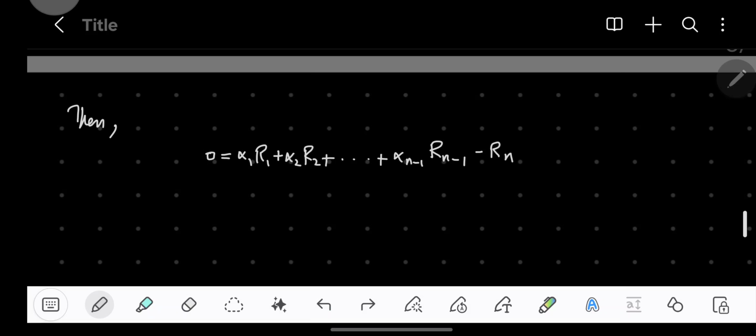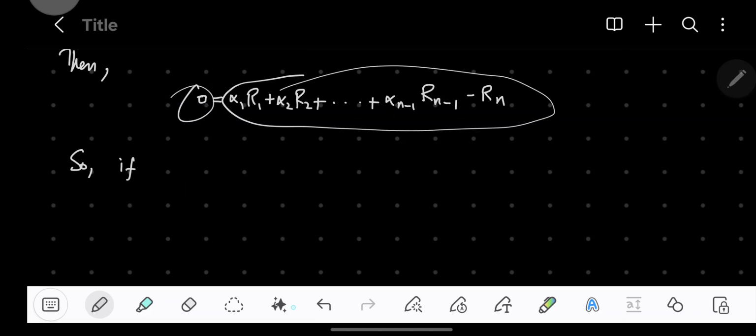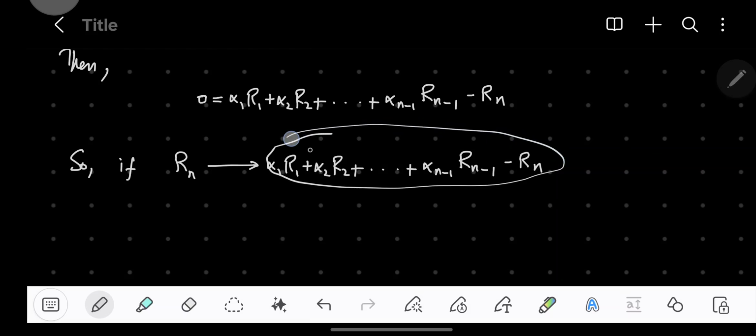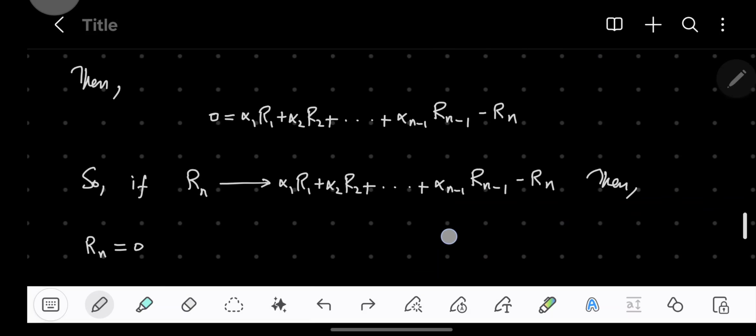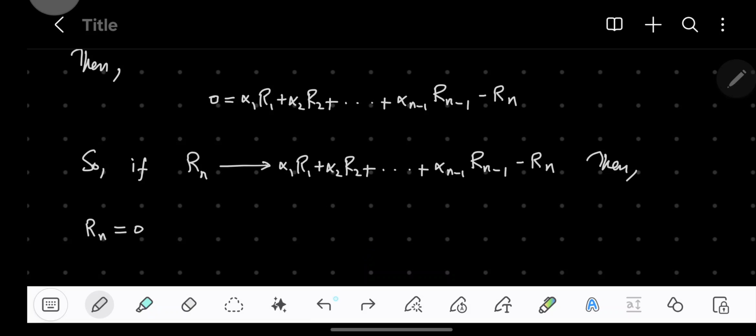This is a very important operation. We can apply it on the last row: if I interchange Rn by this new operated row, which is 0, then the last row will become 0.